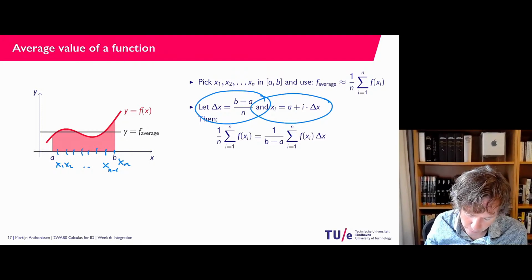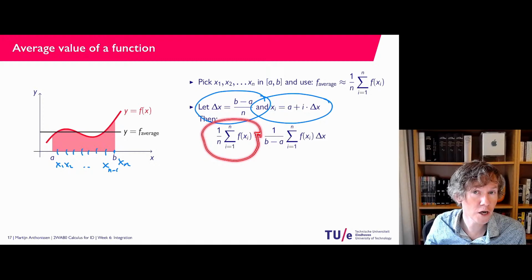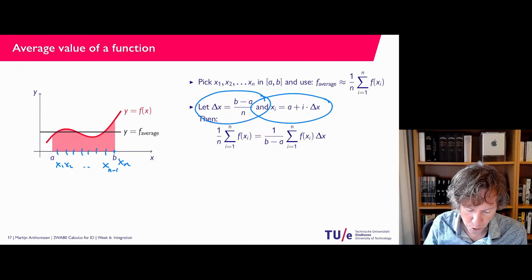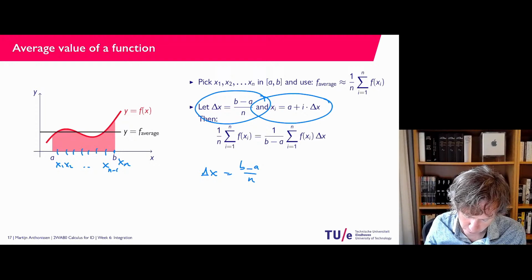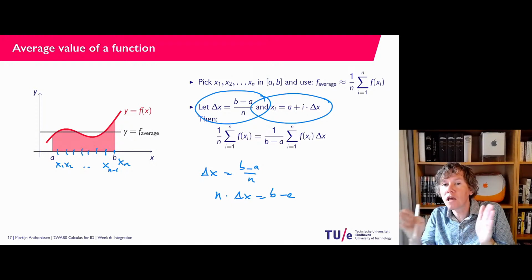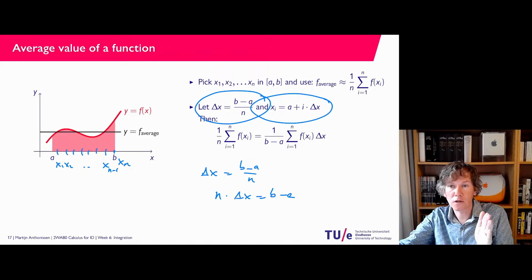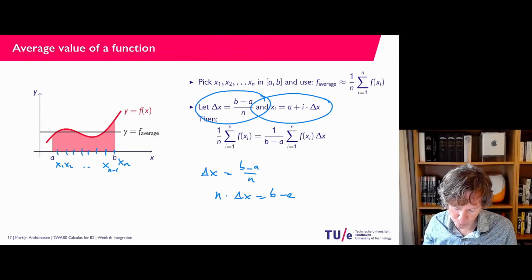And then this approximation to the average, you can rewrite, because delta x equals b minus a over n. So n times delta x equals b minus a. The total length of the interval b minus a is the same as n times delta x, all these sub bits.